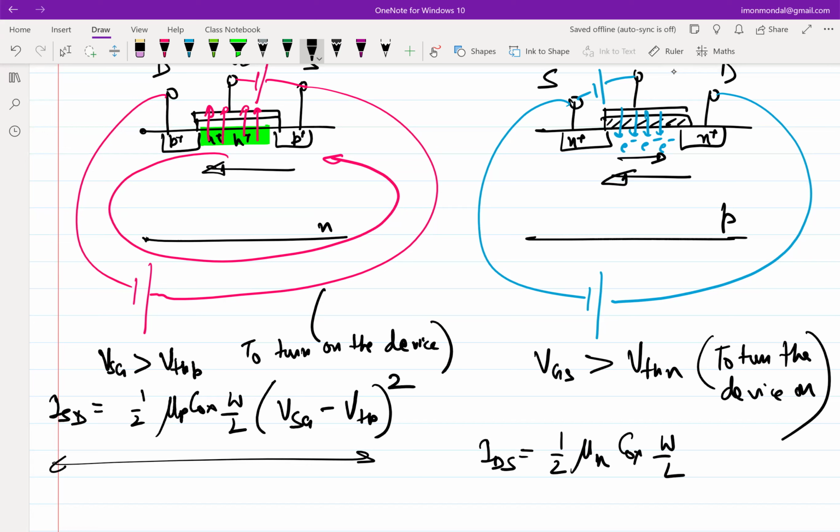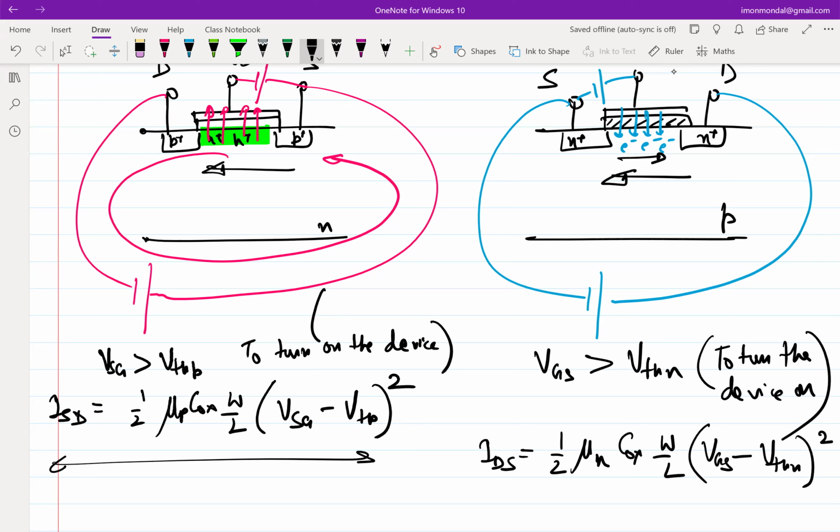W by L is a designer parameter, which we can change. And inside the bracket, it becomes VGS minus VTHN square, right? So note that there is a similarity between both the equations, just that ISD becomes IDS, VSG becomes VGS.